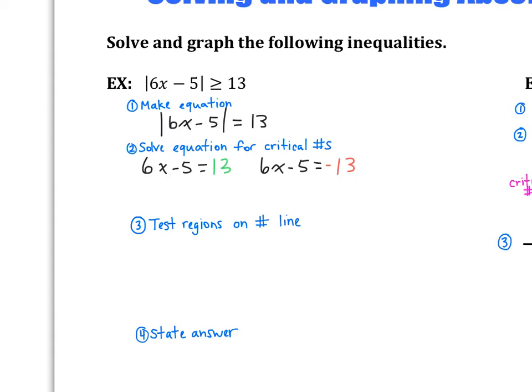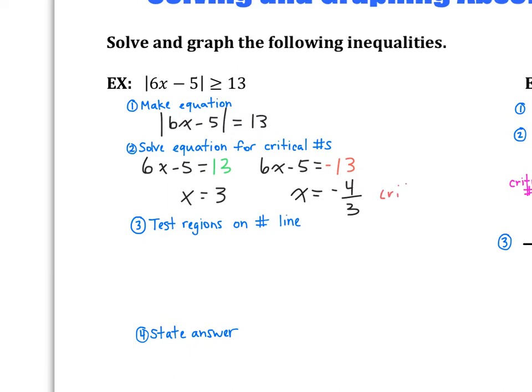When we solve, we add 5, that's 18, divided by 6, we get x is 3. Solving this next equation, we add 5 to get negative 8, divide by 6, we get x is equal to negative 4/3.